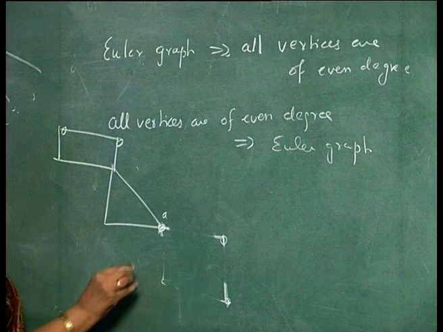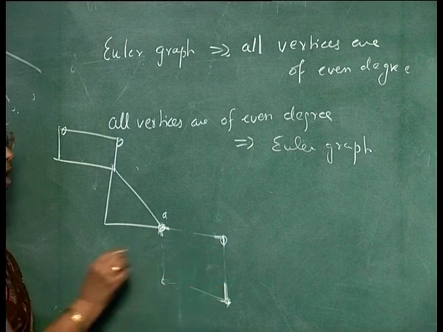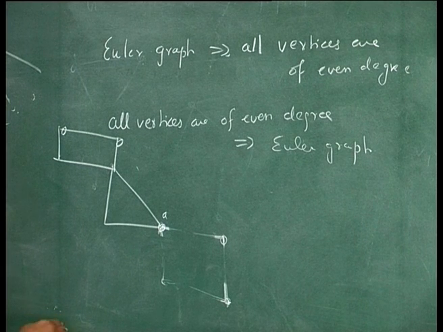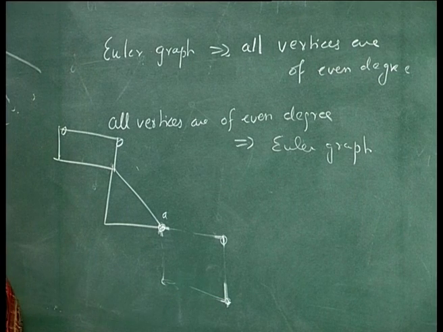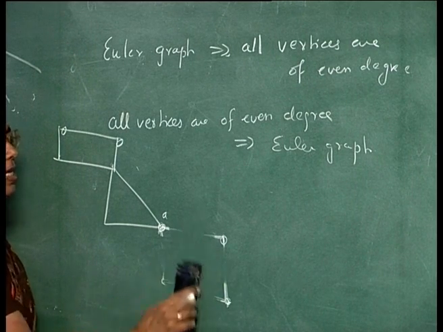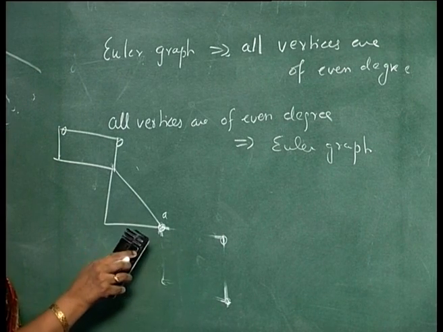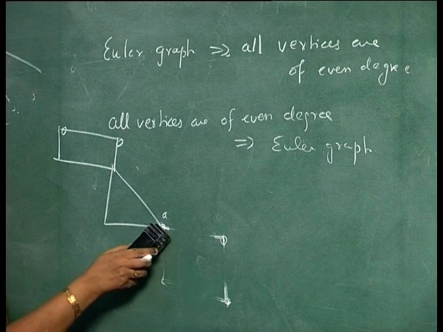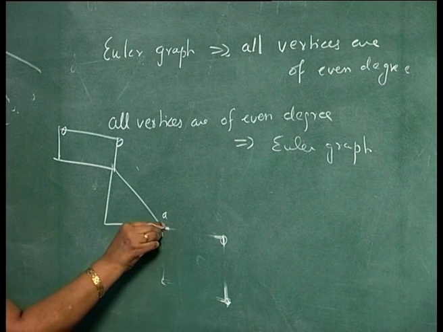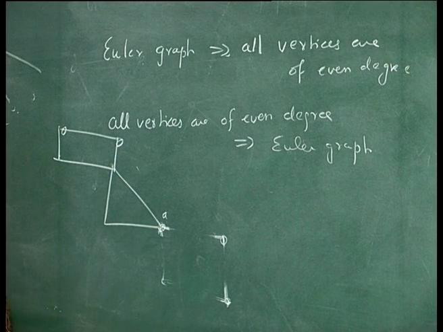So, start from a node and traverse along the edges, not repeating any edge, till you reach the same point. Then you have got a closed walk, and remove the edges in the closed walk. Then the remaining portion will have at least one vertex which is common with this, and start from that vertex and try to find another closed walk.